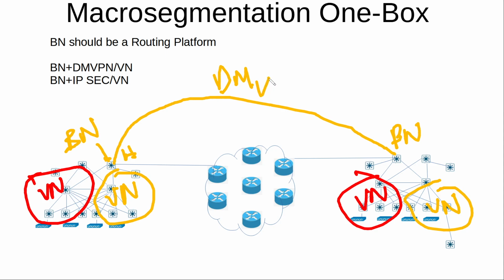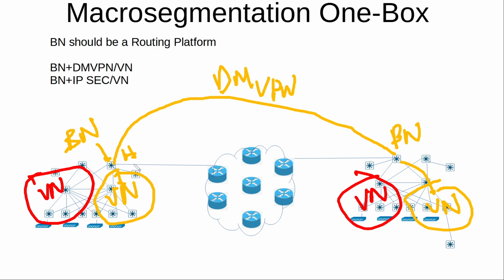And this particular DMVPN will serve to communicate these orange virtual network IDs. And then in order to communicate the red VNIDs, I will have to create another DMVPN domain.